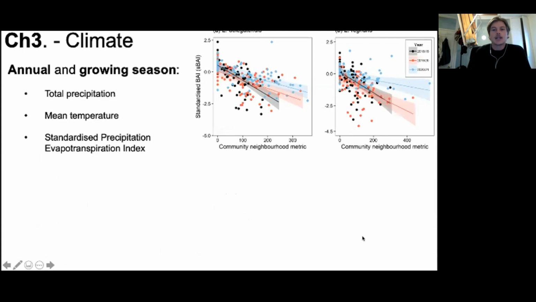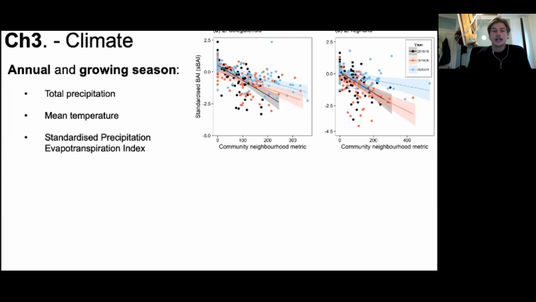And so our next step was to determine what was driving the difference in strength of competition between the different years. So we calculated a few different climate metrics: total precipitation, mean temperature, and the standardized precipitation evapotranspiration index, which is just a drought index.